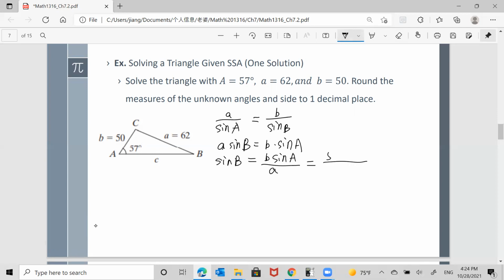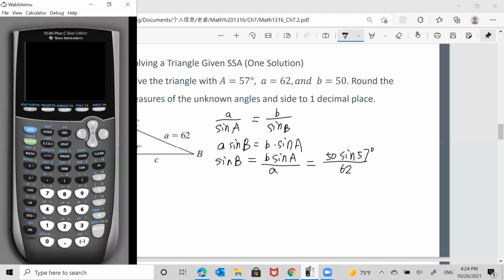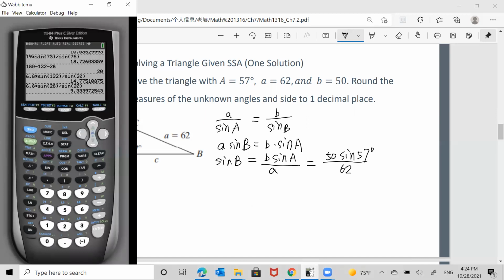b is 50. A is 57 degrees. a is 62. Use a calculator. We have 50 times sine 57 degrees divided by 62. It's about, if we keep 4 decimal places, because this is not a final answer.